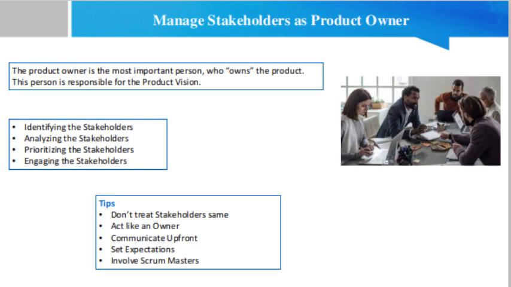Now, stakeholder management. Friend, a stakeholder is anyone interested in the product, or we can say who is influenced by the product or involved in the product. This can be anyone who has a certain type of interest in the project, be it financial interest, someone who has invested, or it can be someone who is going to use the product, which could be a customer.